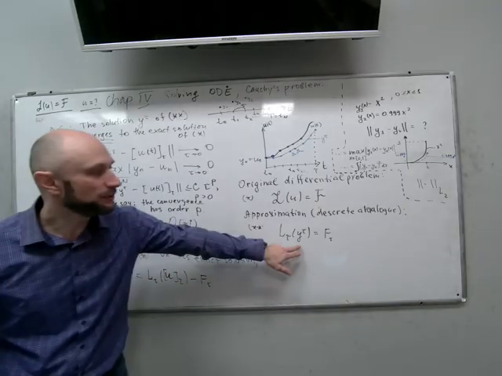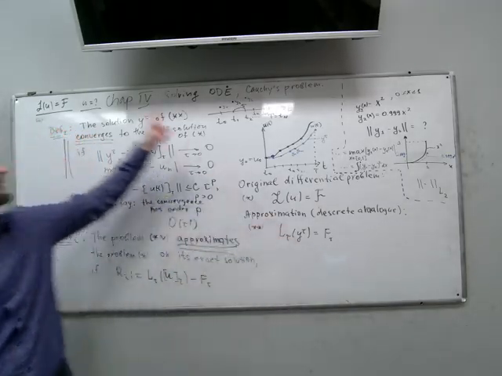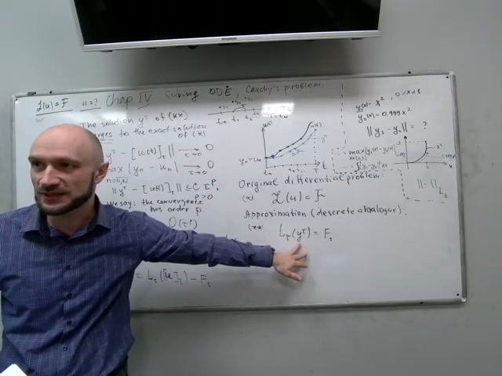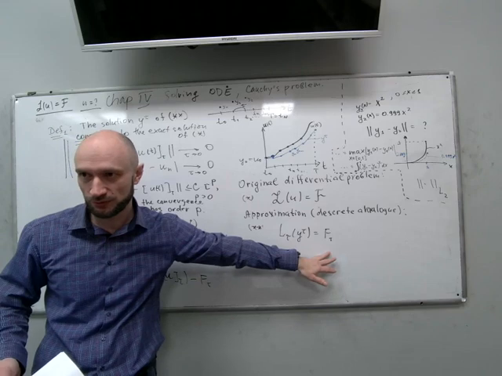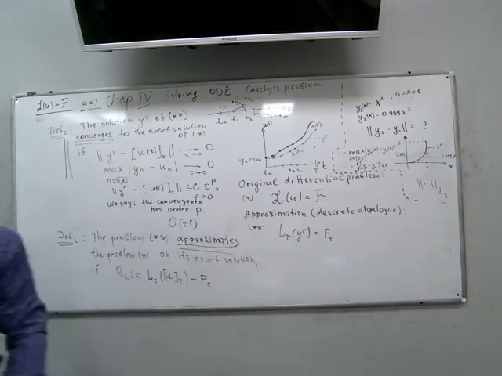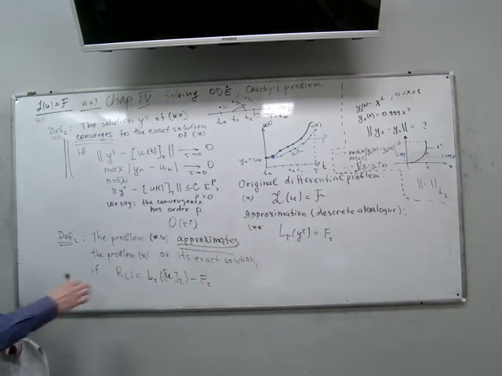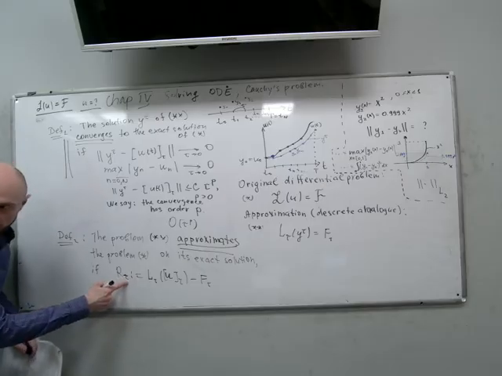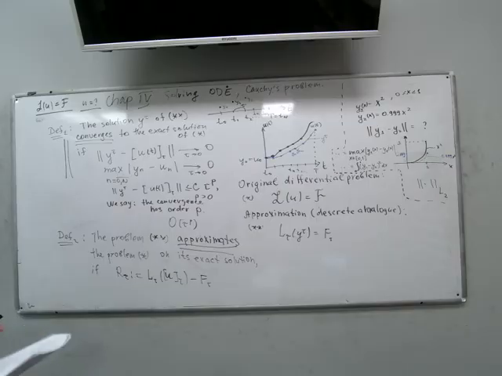That's why when we put the exact solution of the original problem here, we shouldn't expect to get zero. It should be some vector r that depends on the time step, and it's not a zero vector.